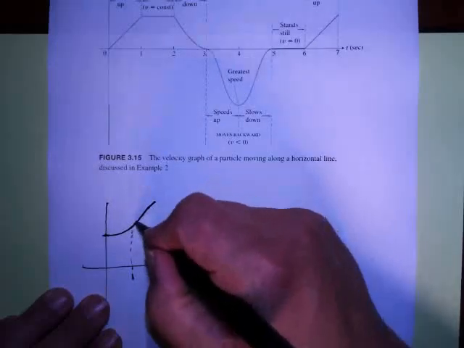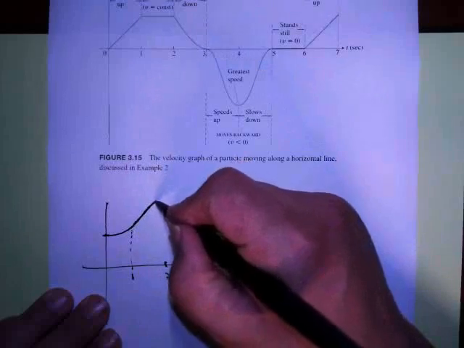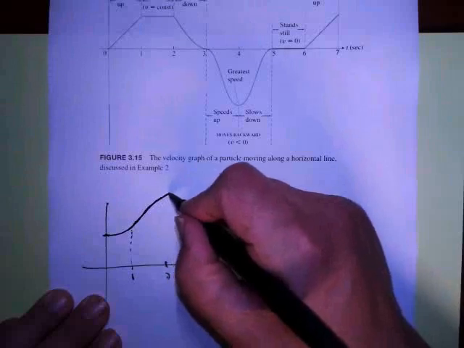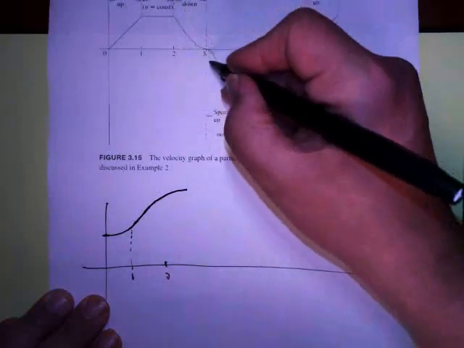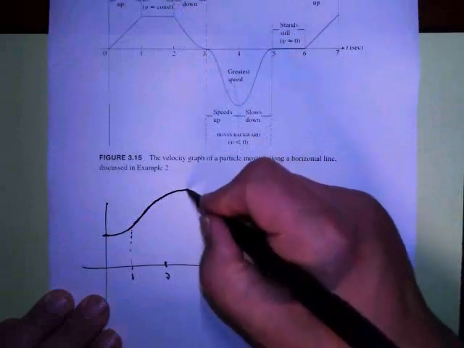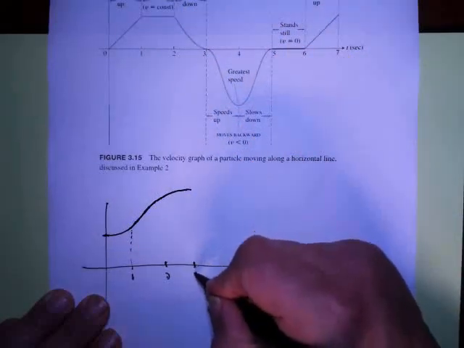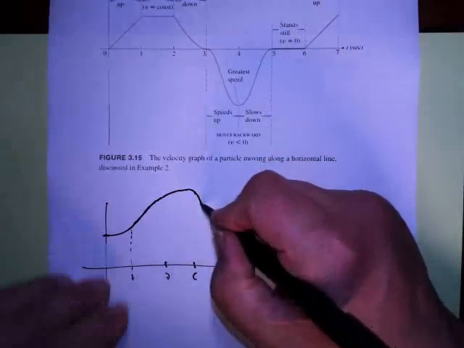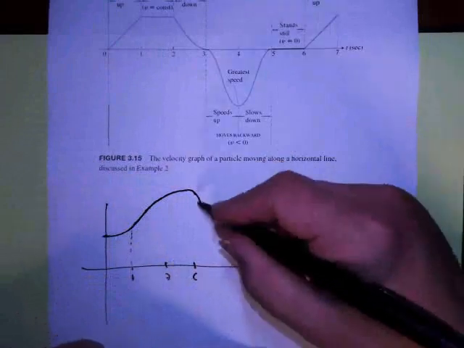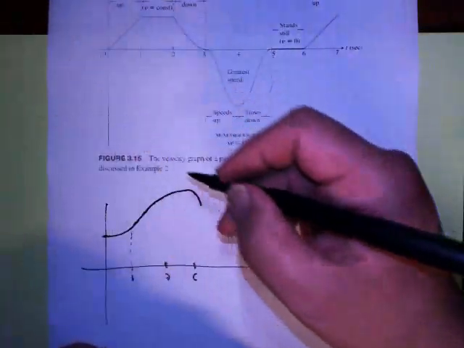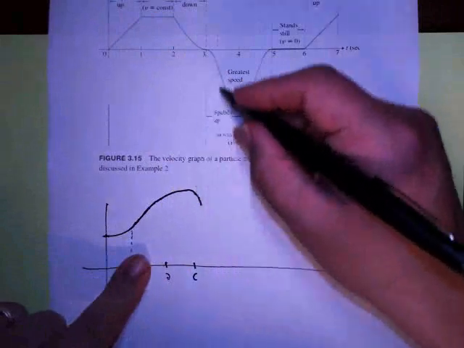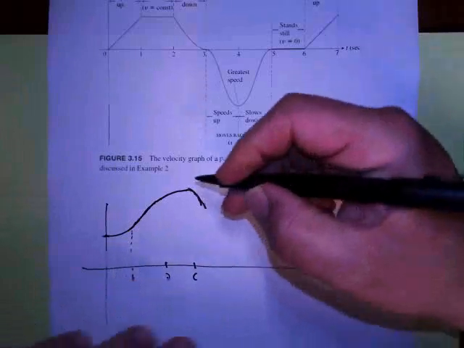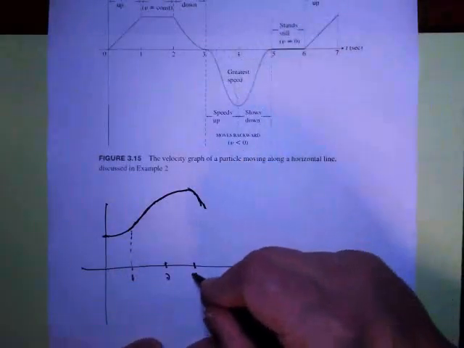This is a constant rate, and then it's slowing down, but it's not going backwards yet until it reaches 3 here. And now it's going to go backwards. But this down here doesn't mean it's going to go necessarily on the other side of 0, right? So it's just going to be going backwards, and it's going to increase its speed.